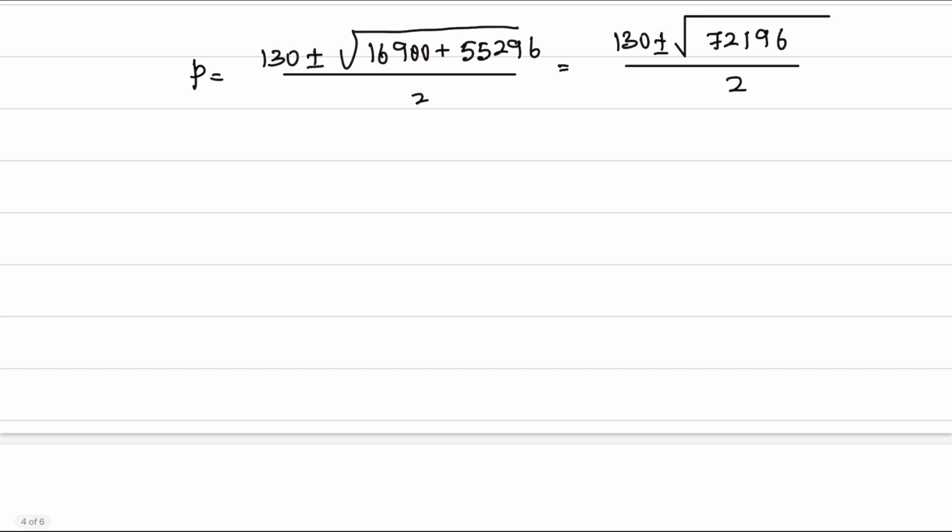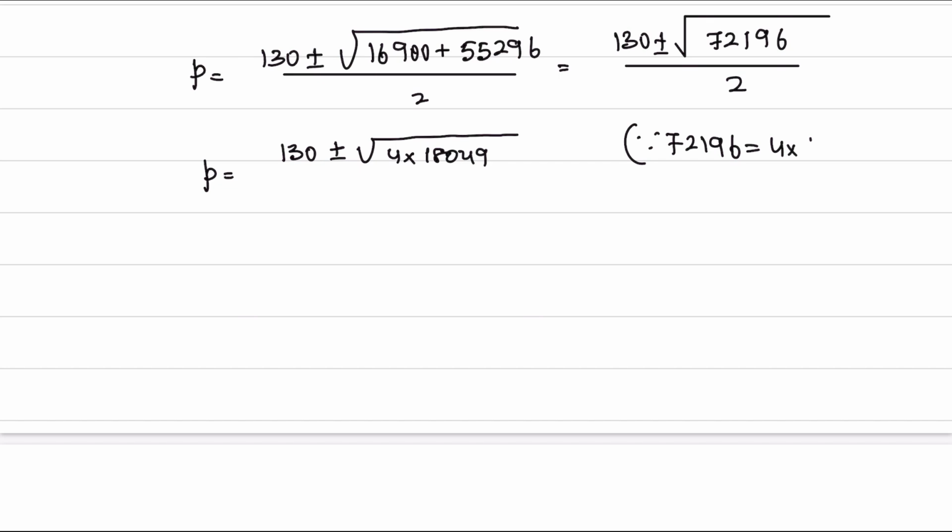Now, 130 can be divided by 2. Can the square root of 72,196 be divided by 2 or not? Let us check. p is equal to 130 plus or minus square root of 4 into 18049. 72,196 is equal to 4 into 18049, whole divided by 2.